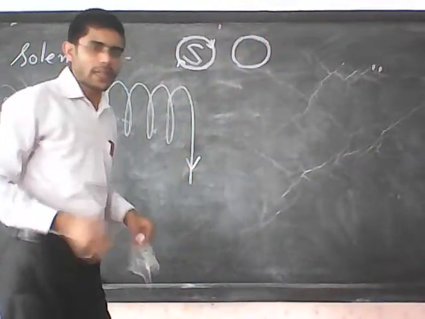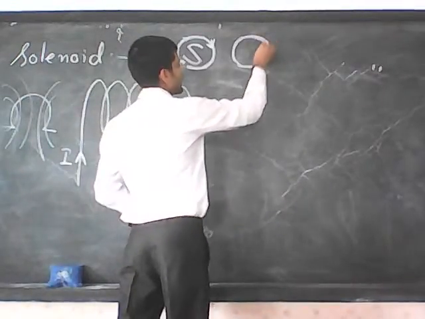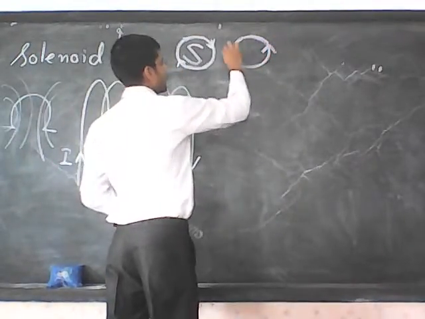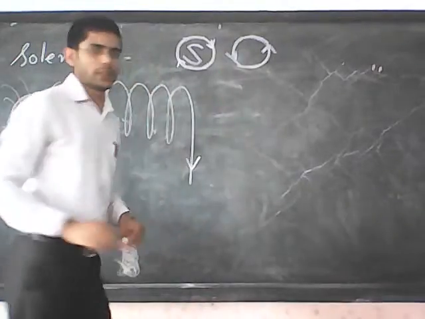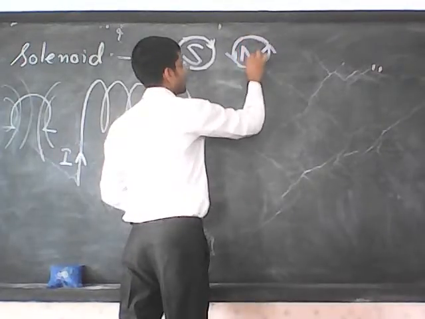Similarly, if the direction of flow of current is anti-clockwise, it means current is moving in this direction, then this will be the polarity of north.